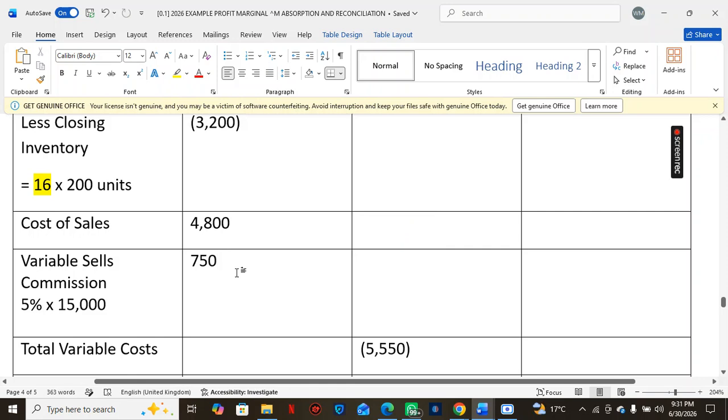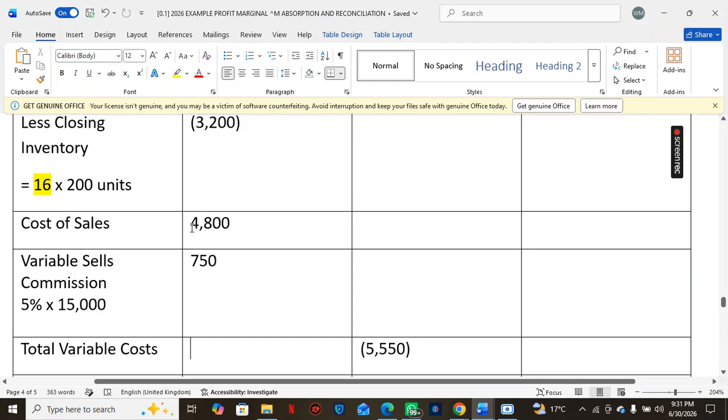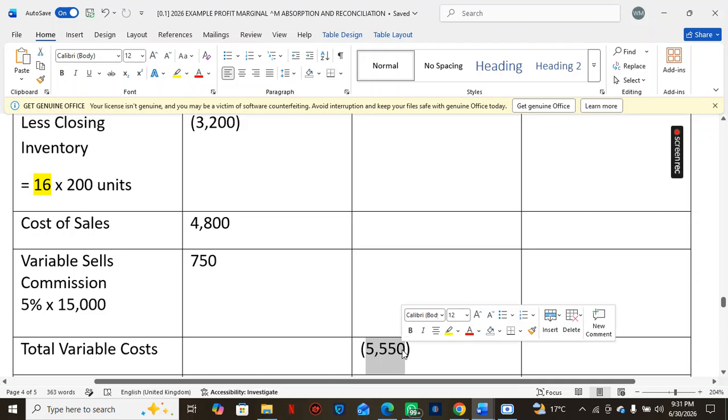So to get our total variable cost, 4,800 plus 750, 5,550. This is our total variable cost.